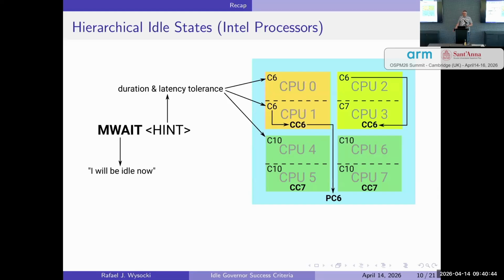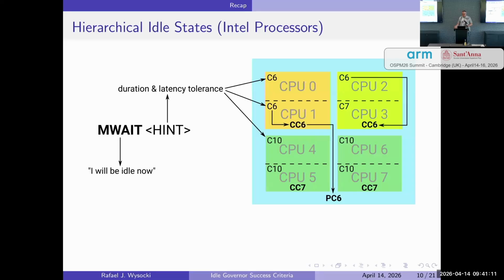But this is from a single CPU perspective. So when there is only one letter before the number, this means the core level. When there are 2 letters, this is a core level or a package level. And the numbers go from 1 to 10. They are never larger than 10.